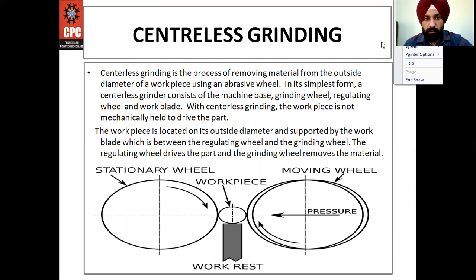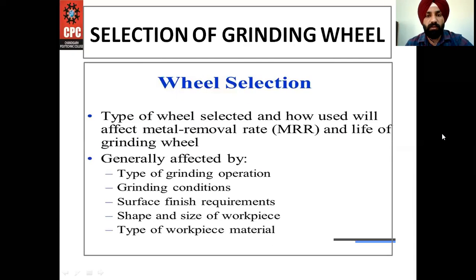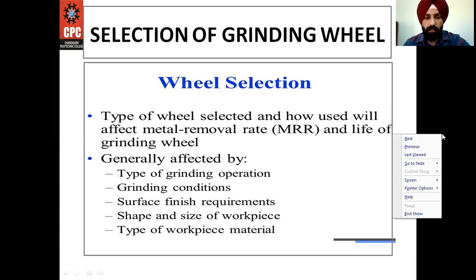Next topic is selection of grinding wheel. In selection of grinding wheel, it is customary for grinding wheel manufacturers to provide information on the selection and use of grinding wheels through their published literature, but it may not be possible or convenient for users to take advantage of such service.